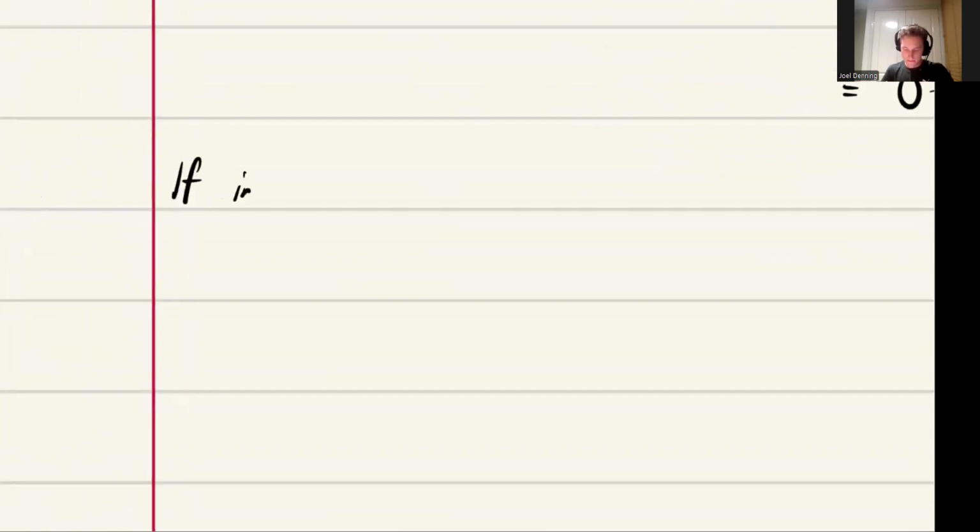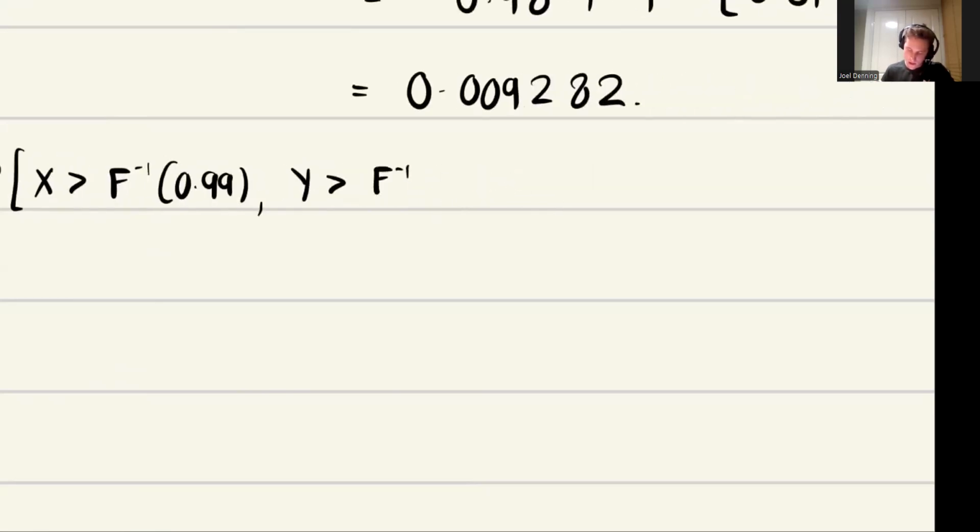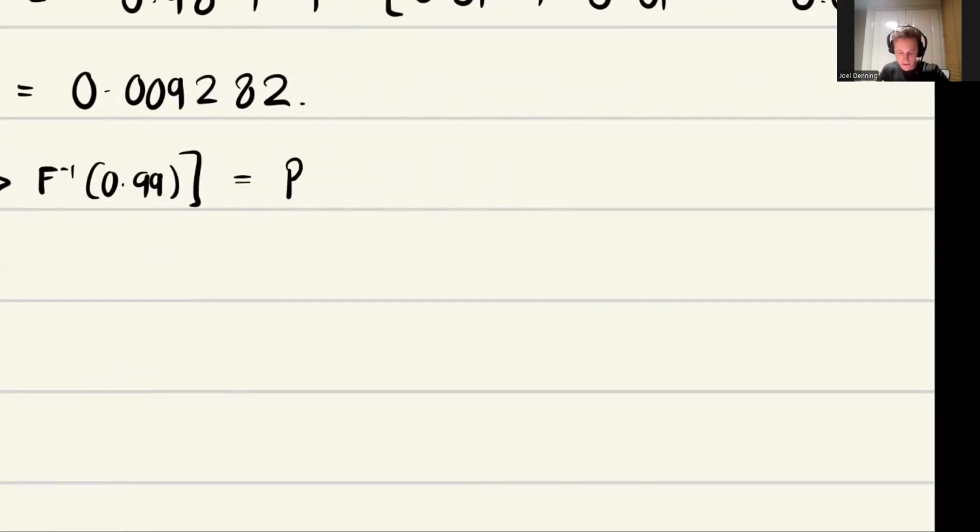So now if independent, the probability that x is greater than its 99th percentile and y is bigger than its 99th percentile, we should just be able to break those off into their individual ones.